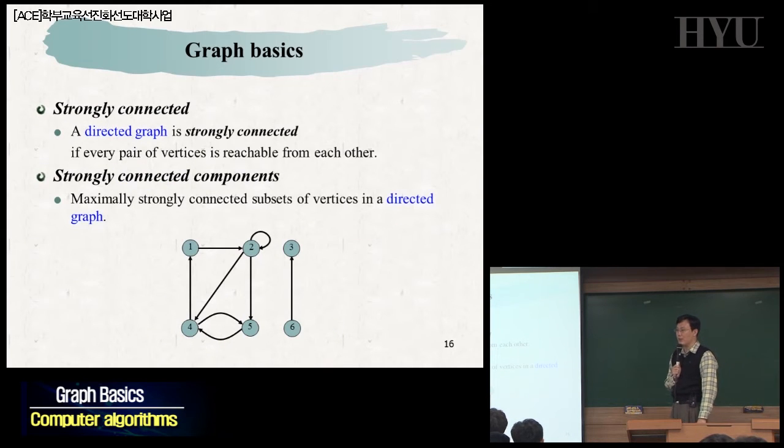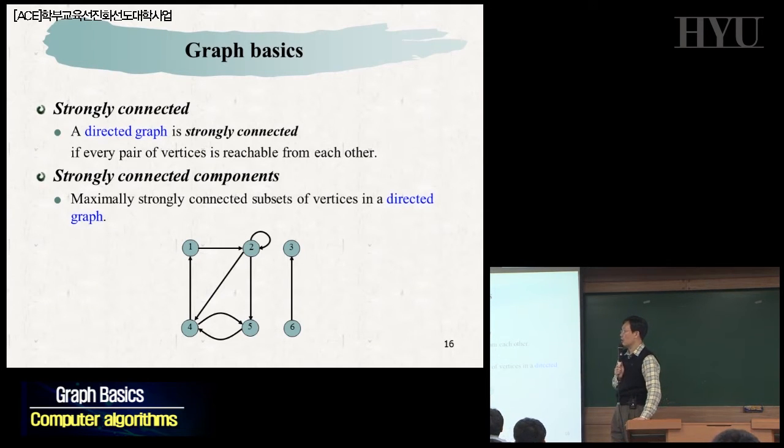Okay, then let's move on to directed graphs. On directed graphs, we say a graph is strongly connected if every pair of vertices is reachable from each other. So we can also define strongly connected components.